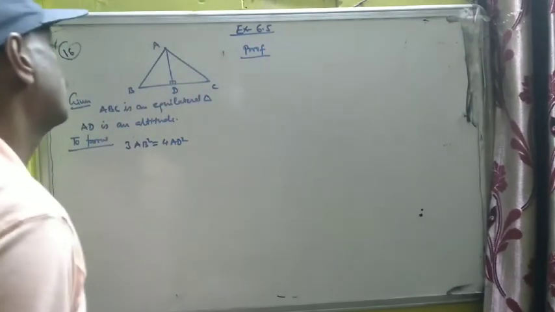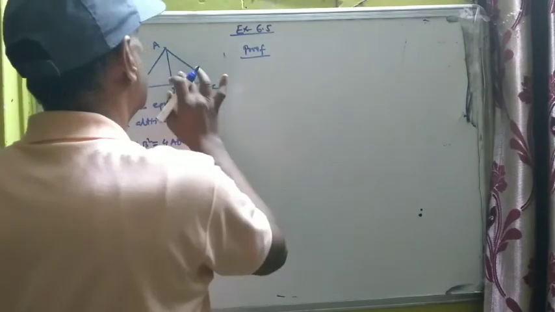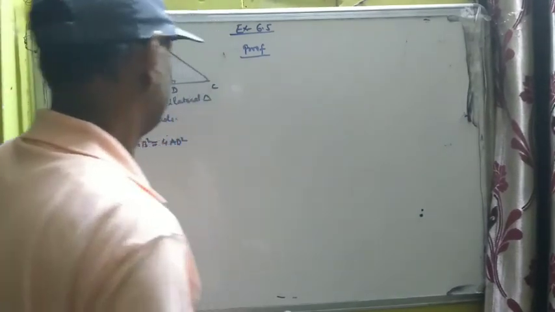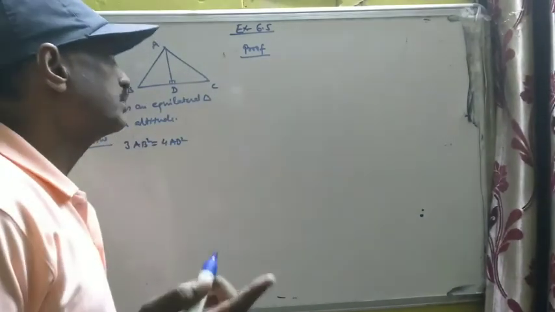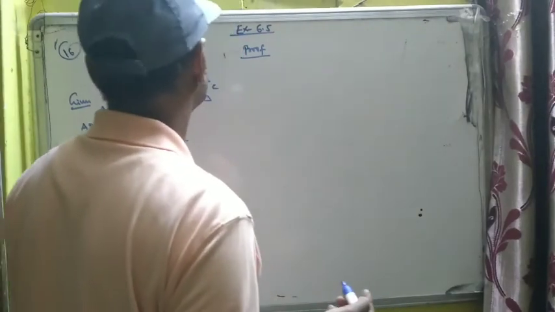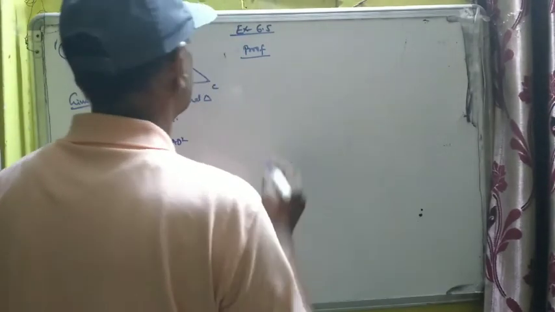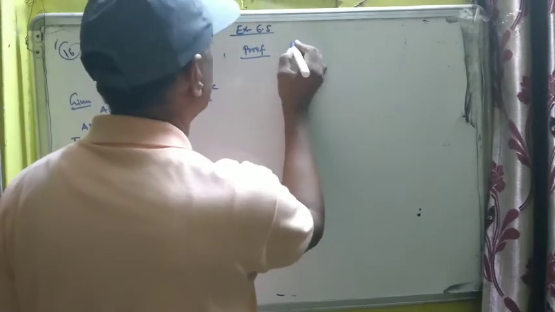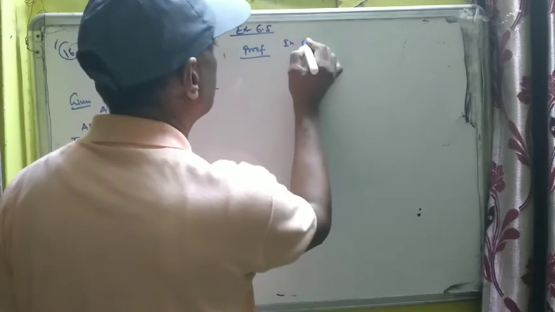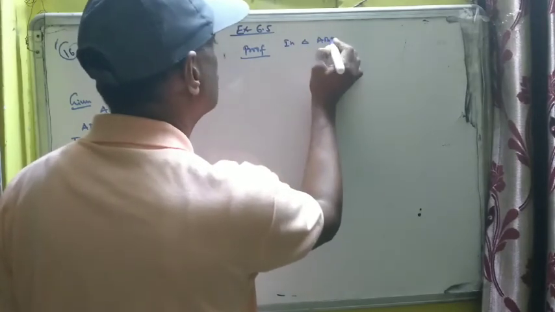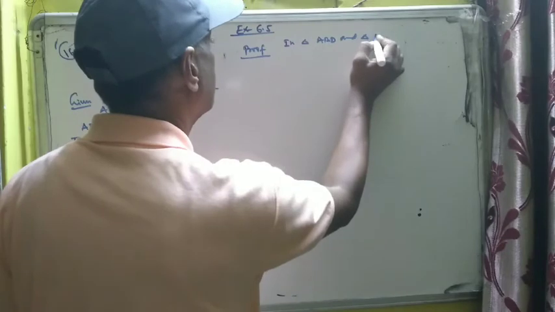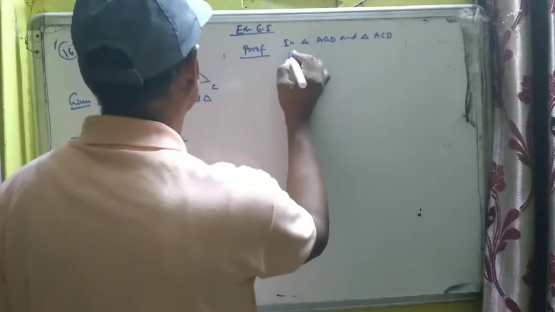Our first work is to prove this triangle and this triangle congruent. We have done these things in the previous question, question number 15. Again here we can prove in triangle ABD and triangle ACD. Just write down the things.